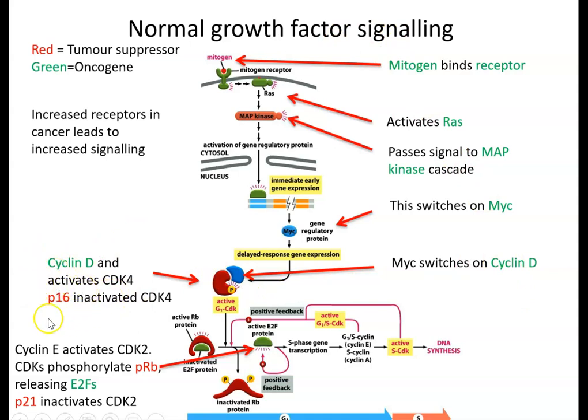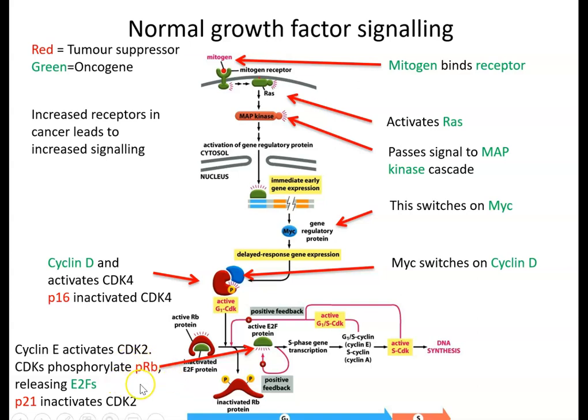P16 can become inactivated. P16 inactivates CDK4, so a tumour would really benefit from losing P16. And then downstream of cyclin D, we've got the pRB protein, retinoblastoma.